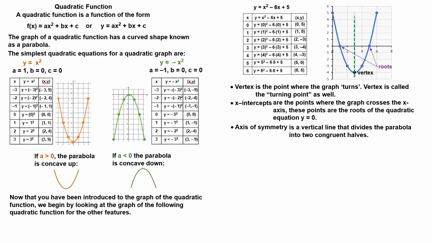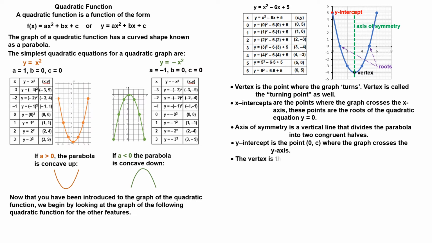The axis of symmetry always passes through the vertex of the parabola. Y-intercept is the point where the graph crosses the y-axis. The y-intercept value is equal to the value of the constant term in the equation itself.